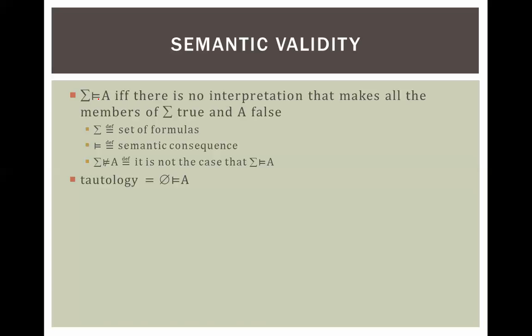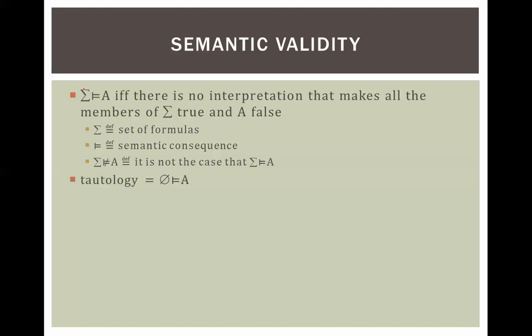All right, so this symbol right here means entails, but for semantics. So remember we talked about semantic validity and proof theoretic validity. Right now we're talking just about semantic validity. If you assign true to all the premises, can the conclusion be false?